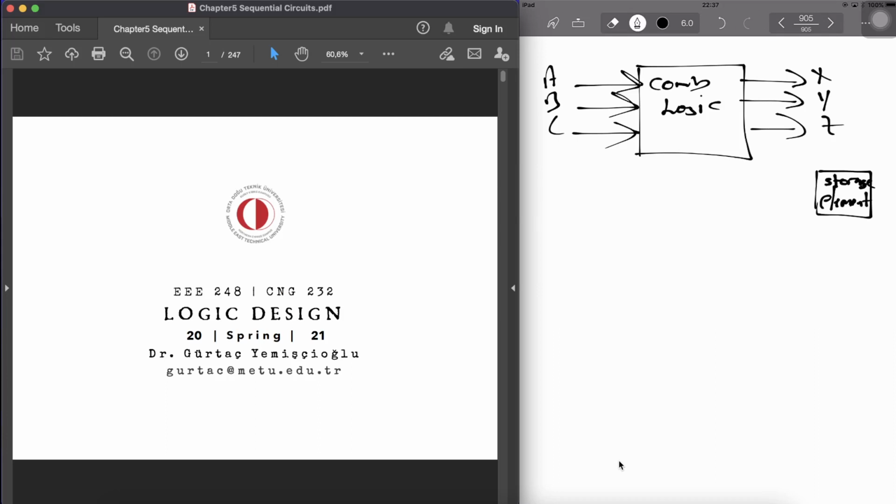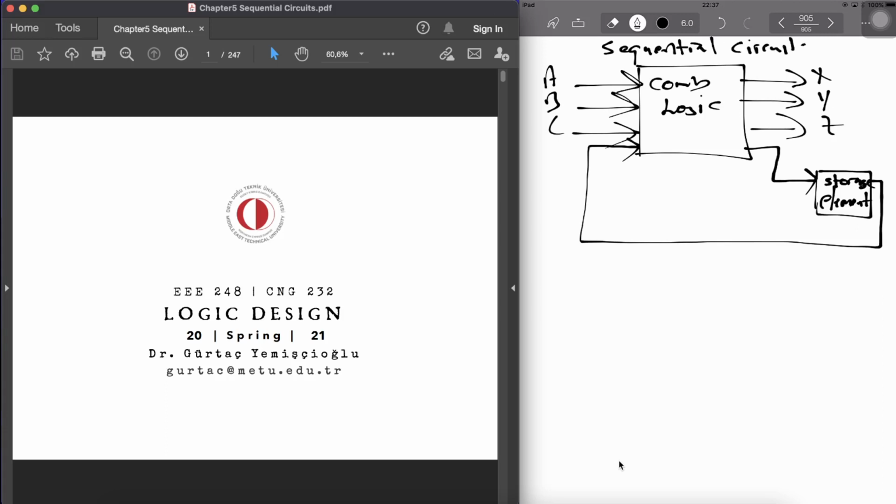This storage element gets an input from the combinational logic output, and then this is fed back into the combinational logic. So in this chapter, we will talk about sequential circuits, and this is a typical block diagram of sequential circuits.